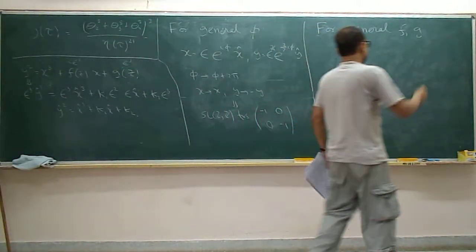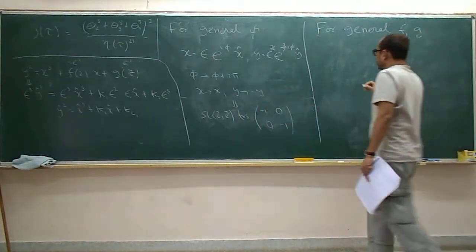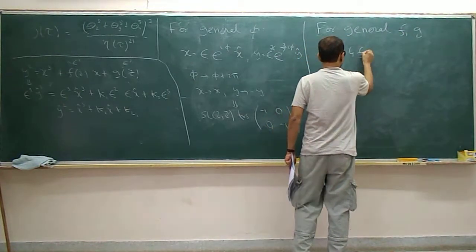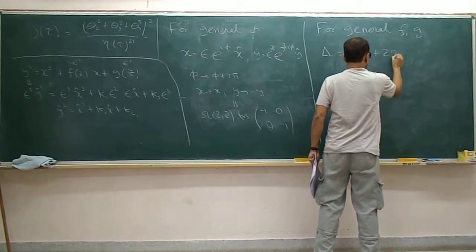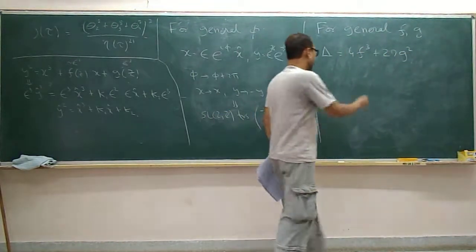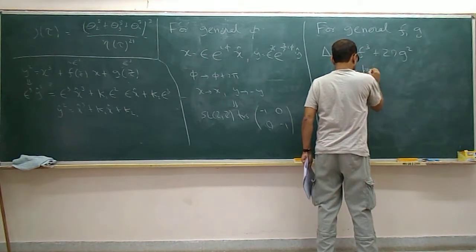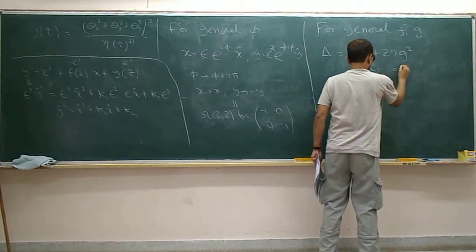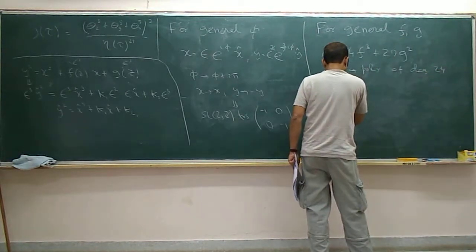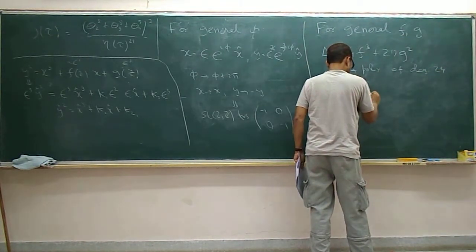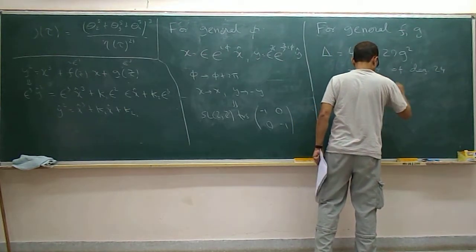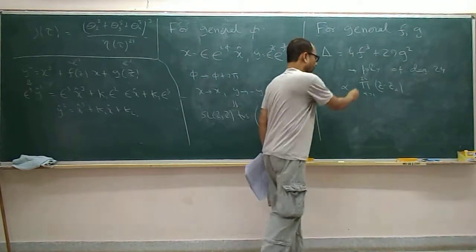So for general f and g, we had defined delta, which was the discriminant, which is 4f cubed plus 27g squared. This is a polynomial of degree 24, and hence is proportional to the product over alpha equal to 1 to 24 of z minus z alpha, and there is a constant of proportionality.